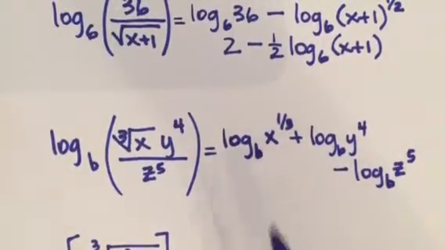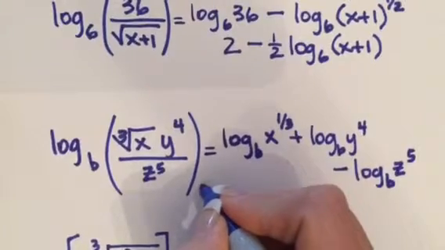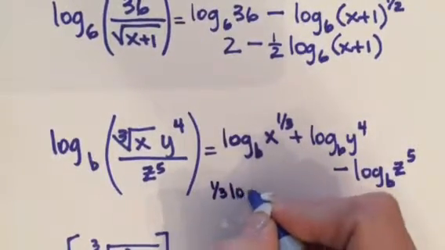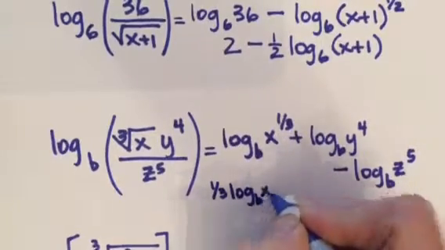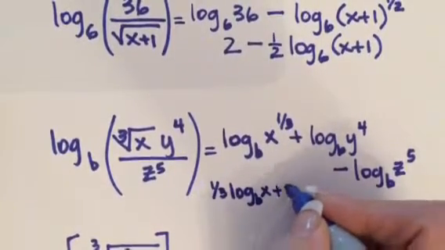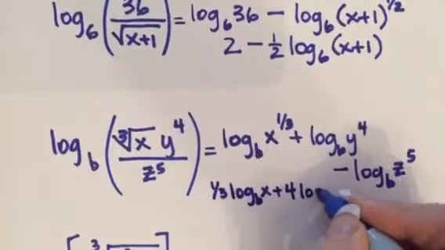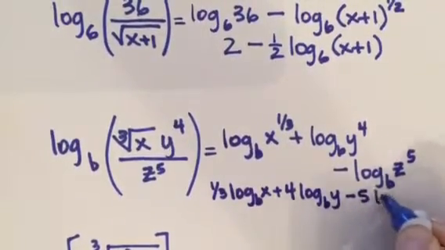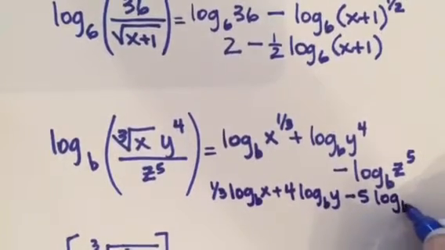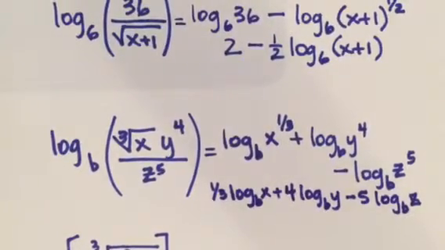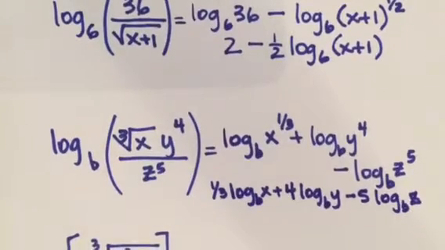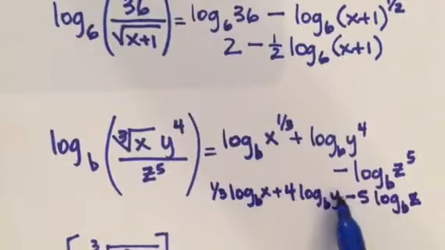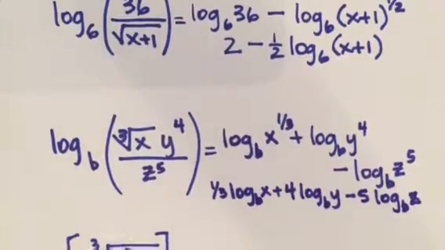So pulling these powers out to the front, we end up with 1/3 times the log base b of x plus 4 times the log base b of y minus 5 times the log base b of z. And we will say that we're good there. No products, powers, or quotients in any of our arguments.